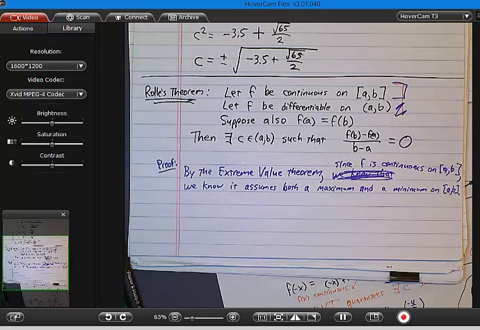Now, you have to find a maximum and a minimum, right? Now, what if the maximum and minimum are at the endpoints? Wouldn't that be a boring function, though? Because if the endpoints are the maximum and minimum, then how could that be unless it's just like a line, or something like that.